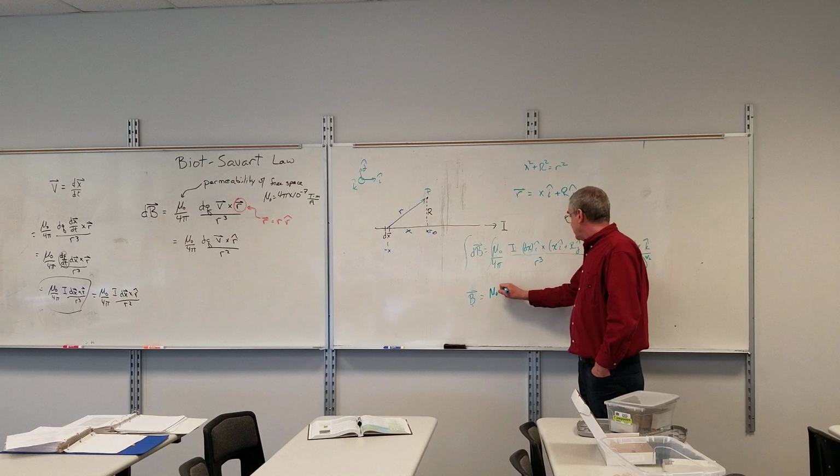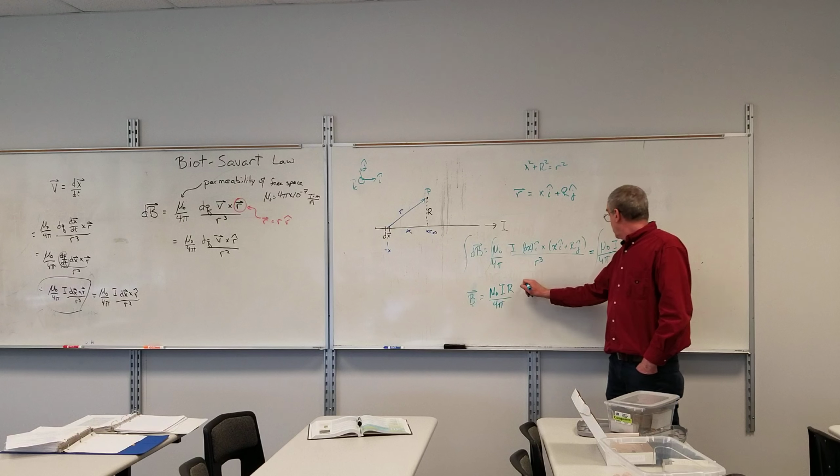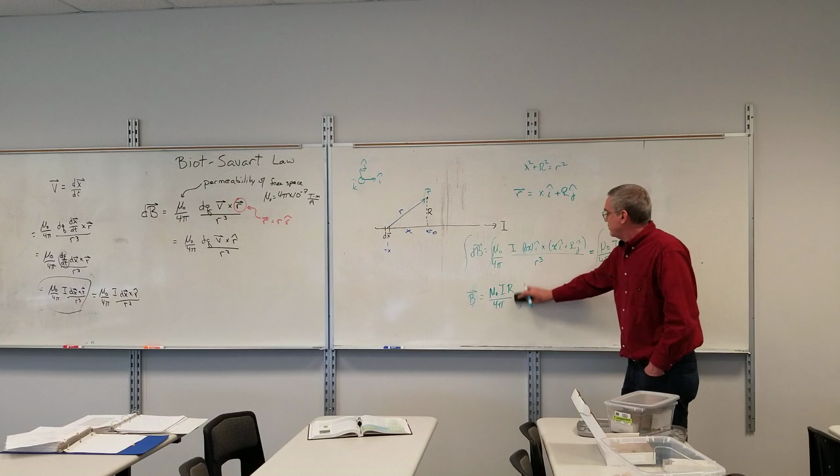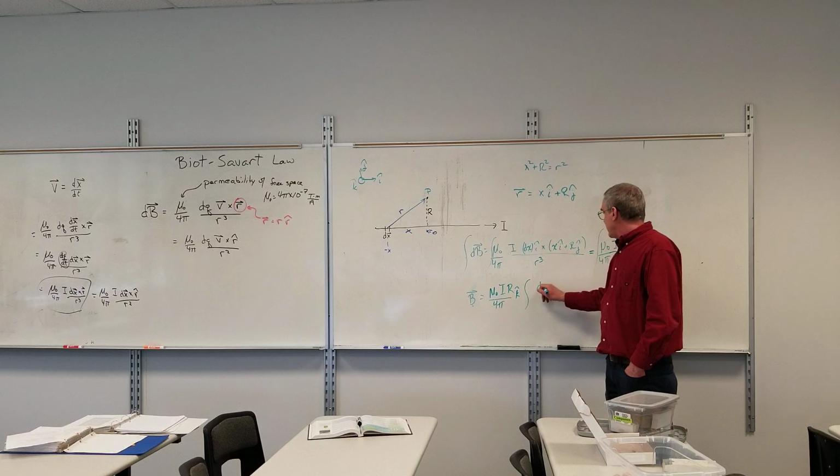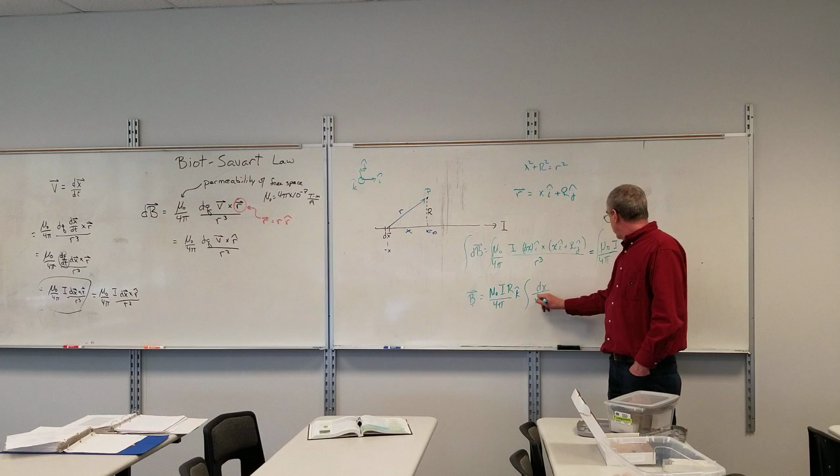I got mu naught I big R over 4 pi, oh, there's another constant I left out, k hat, integral dx over x squared plus big R squared to the 3/2.